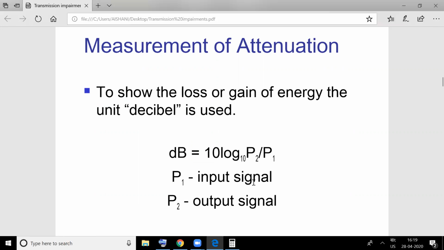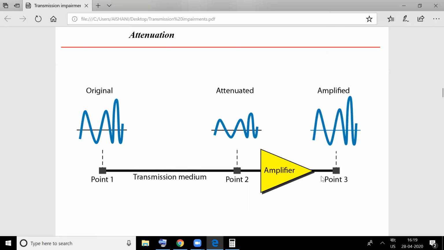P1 is the input signal, P2 is the output signal, as we send the signal through the transmission media. So there are some points, point 1, point 2. When we measure the signal at point 1 it may be P1, and the signal power at point 2 may be P2.